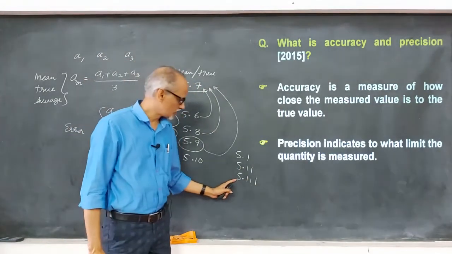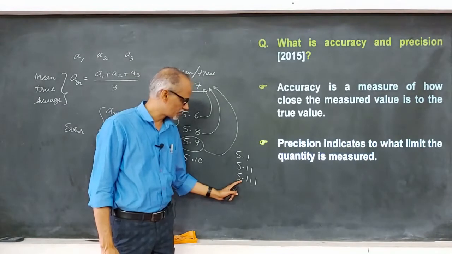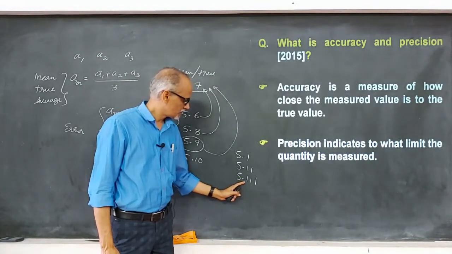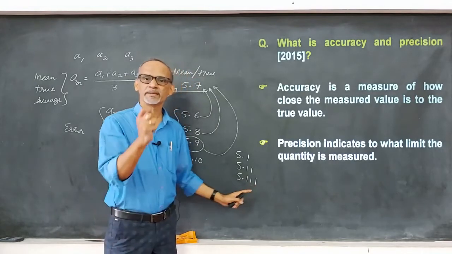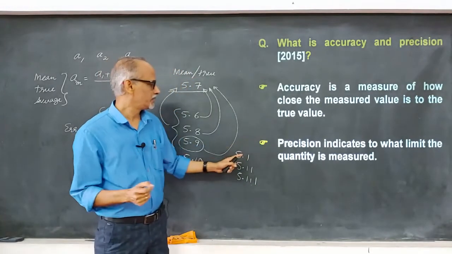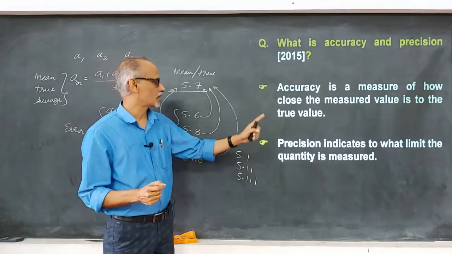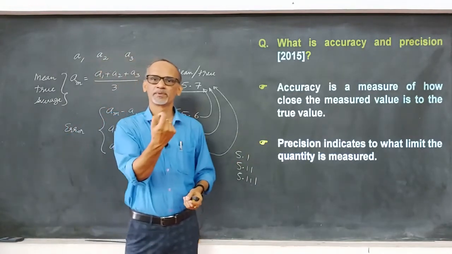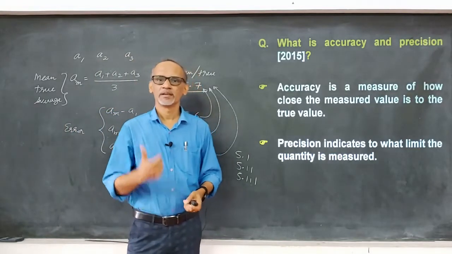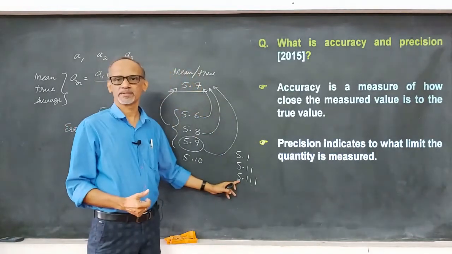Why? Because after the decimal point we could measure 3 digits. The precision indicates to what limit the quantity is measured, up to how many digits we can measure. That is said to be more precise.